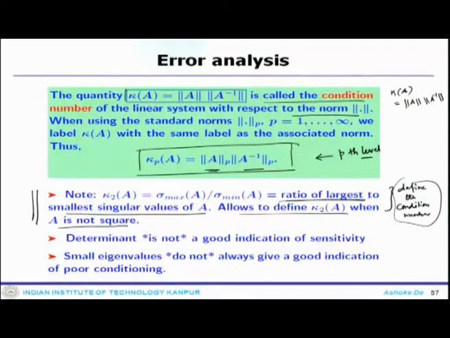So, from the condition number one can also anticipate the convergence level of your linear system.